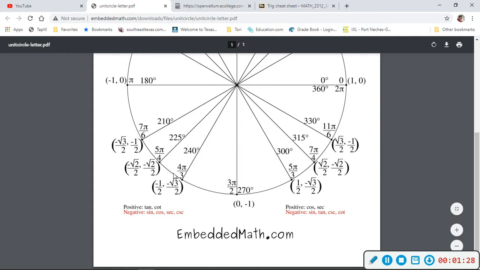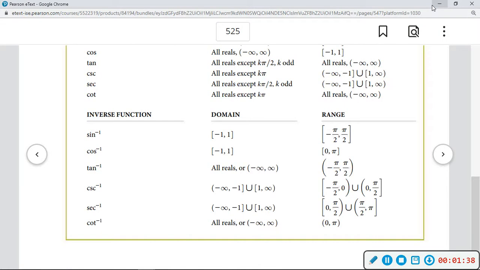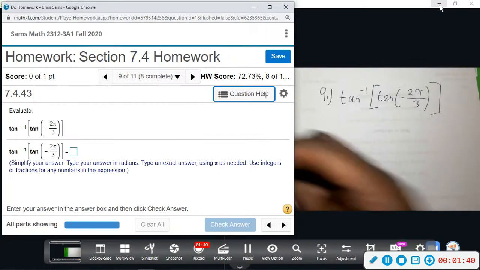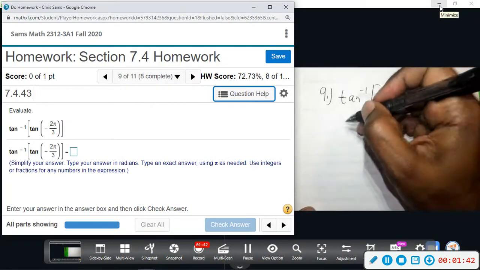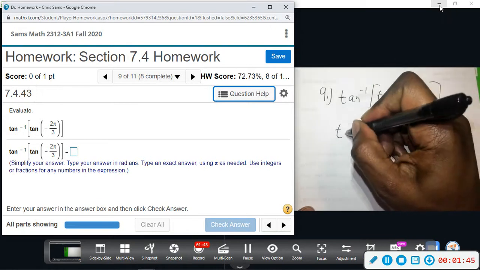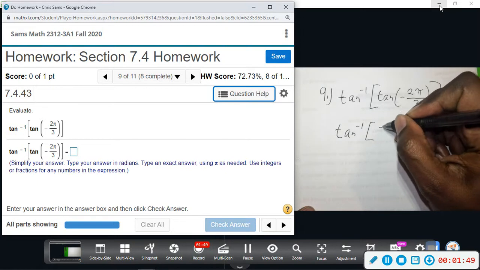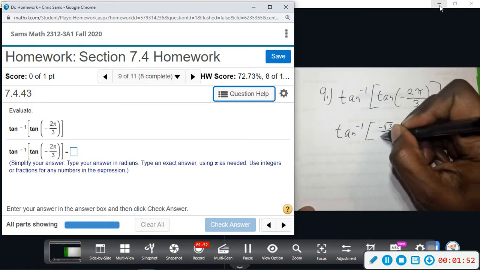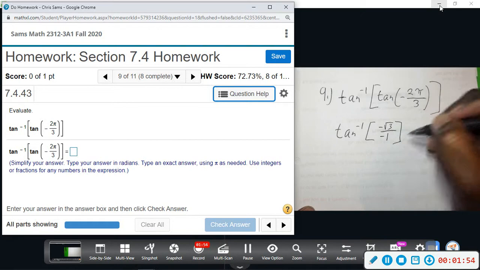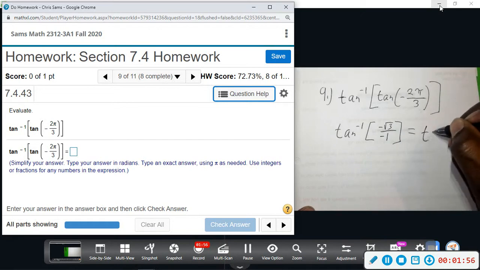So tangent is y divided by x. So that would be negative square root of 3 divided by 1. Alright. So this value right here is going to reduce to tangent of negative square root of 3 divided by negative 1, which ultimately just gives us inverse tan of positive square root of 3.